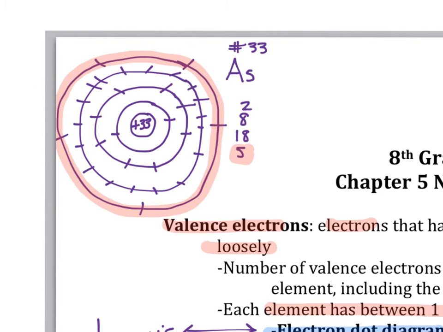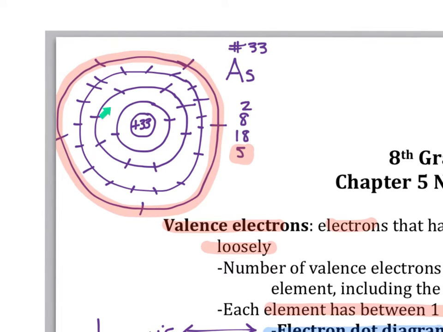You may be wondering if there is a shortcut to figure out how many valence electrons an element has. If we didn't have a shortcut, we may have to simply draw all of the energy levels every time. For example, element number 33 is arsenic, represented As. When we go through the energy levels, since it's 33, we know it has 33 protons in the center, and then following the rules we know about energy levels, the first has to have 2 electrons.